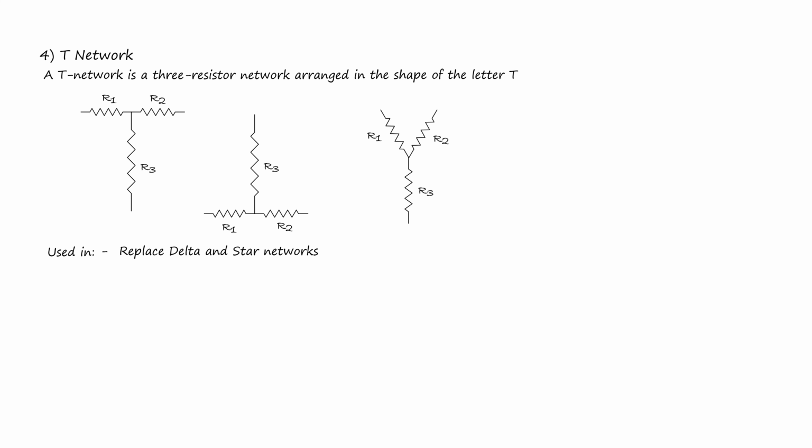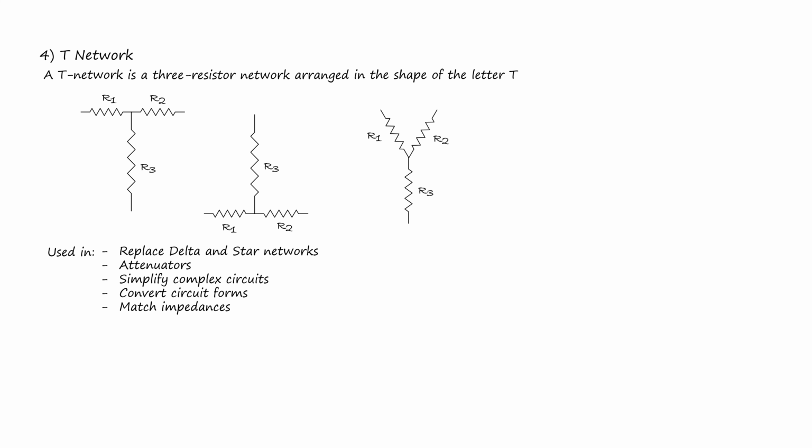The T network is used in attenuators, used to simplify complex circuits, used to convert circuit forms, and also used to match impedances.